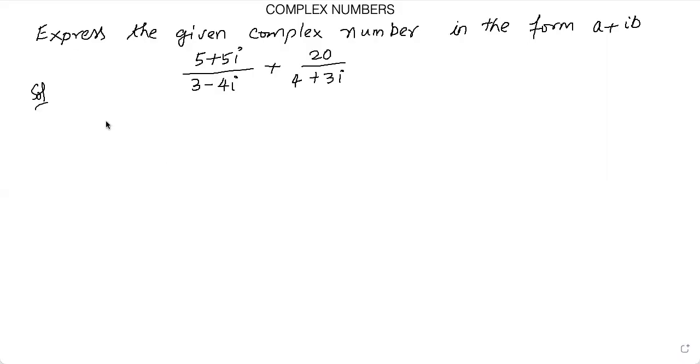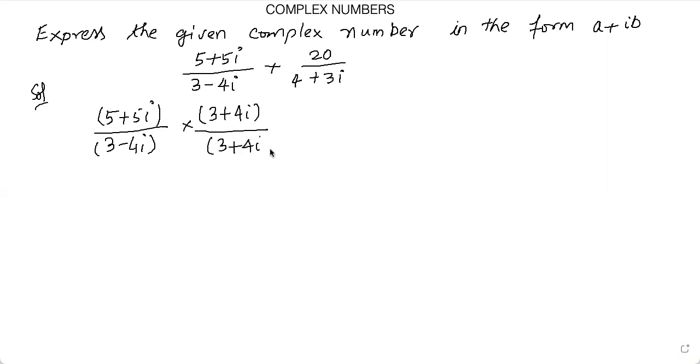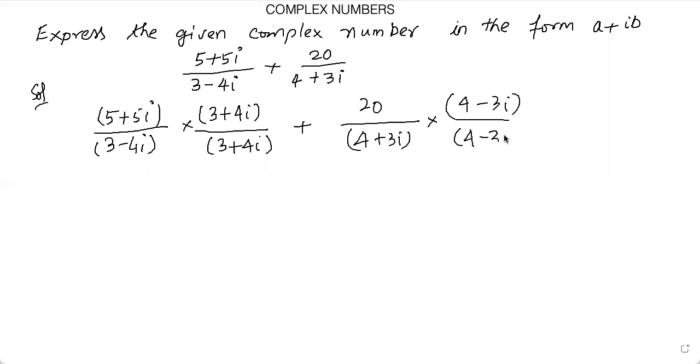Find the solution for this. So we'll write down 5 plus 5i by 3 minus 4i. Now let us take the conjugate of 3 minus 4i, which is 3 plus 4i by 3 plus 4i, and 20 by 4 plus 3i, and the conjugate of this will be 4 minus 3i by 4 minus 3i. Let us multiply.